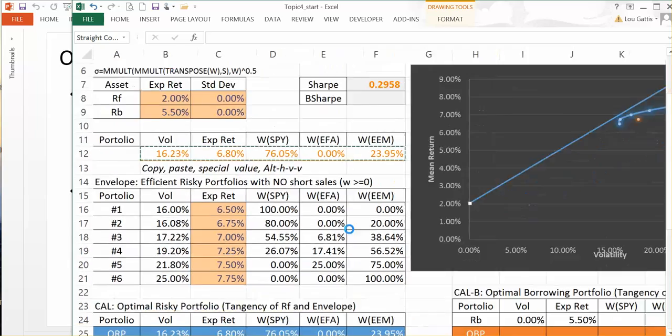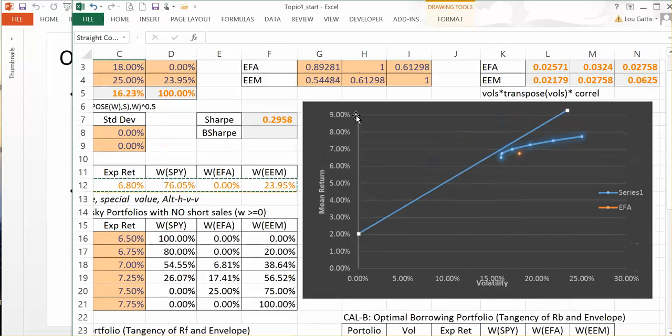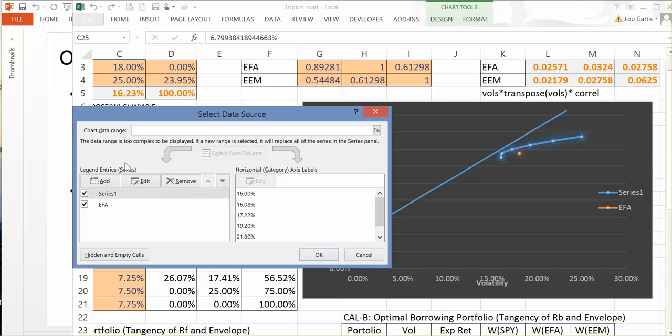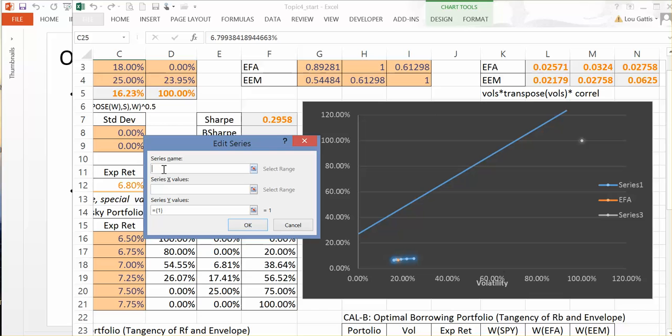So how I do that is I'm going to go back on my graph, right-click, select data, and I'm going to add a series, call it CAL for capital allocation line. That is how capital is allocated between risky and risk-free assets.